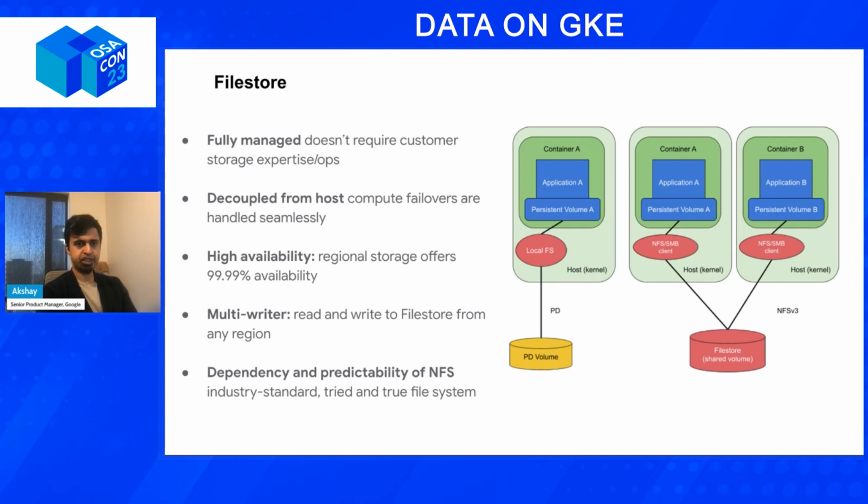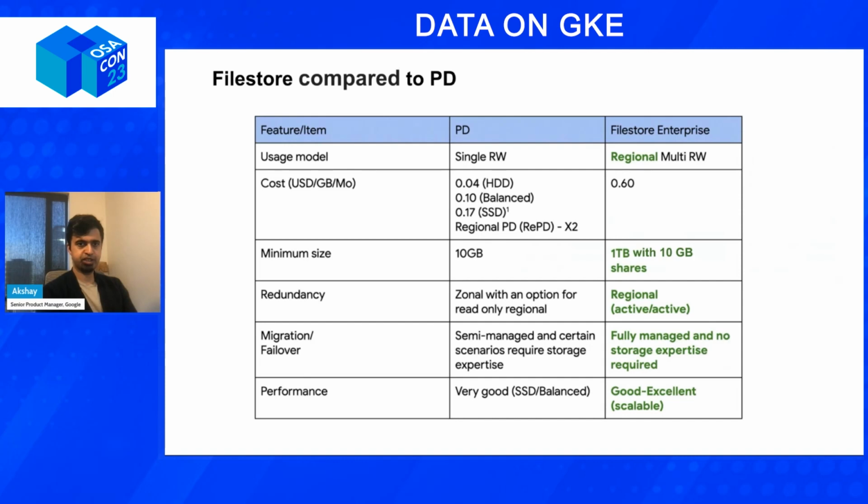A good example is Google Docs, where there are multiple readers and writers simultaneously, or SaaS applications like Atlassian, where you're all modifying a Jira ticket. That's where Cloud Filestore becomes really popular, and because of its simplicity, it's also seeing some AI/ML applicability as well.